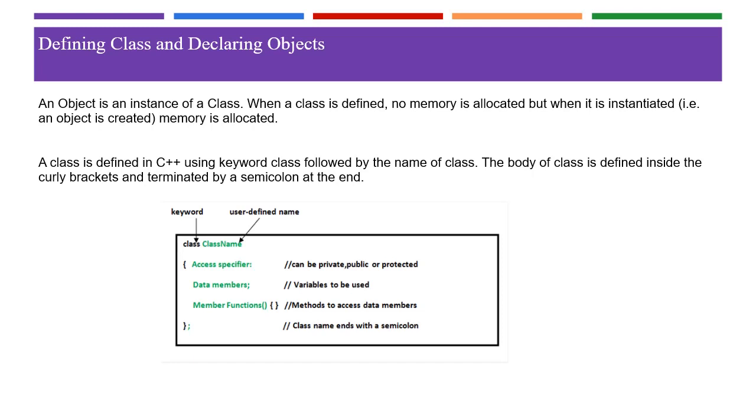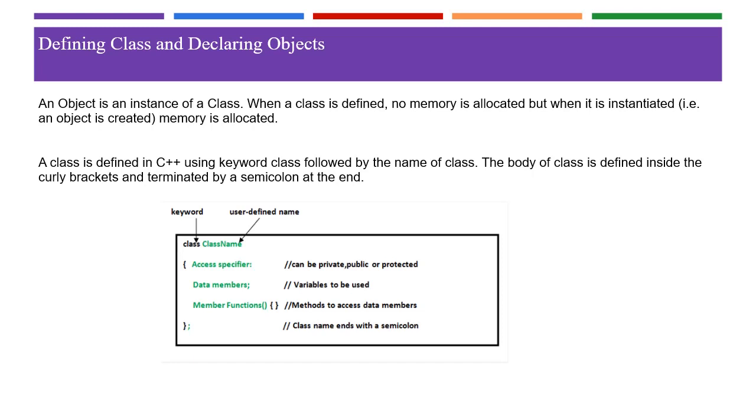Now let's understand how to declare an object in a C++ program. Also we are going to see defining a class in a C++ program. So we require the syntax for this particular declaration. An object is an instance of a class. When a class is defined, no memory is allocated, but when it is instantiated, that is, an object is created, memory is allocated to that particular object.